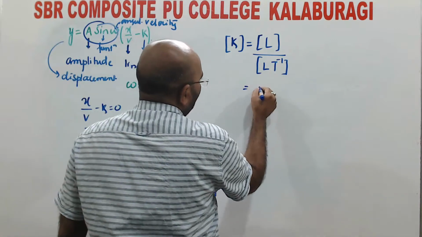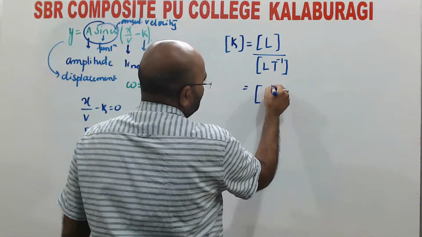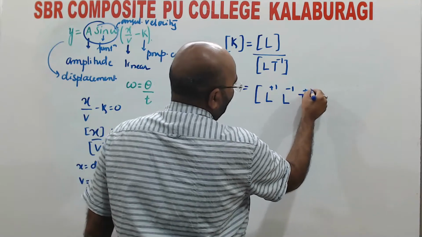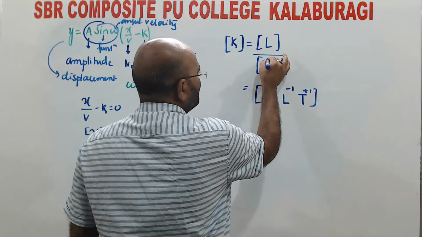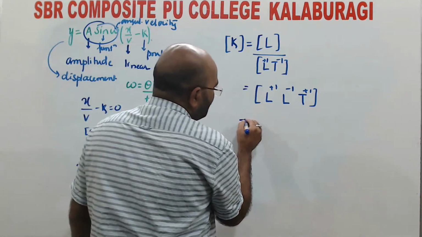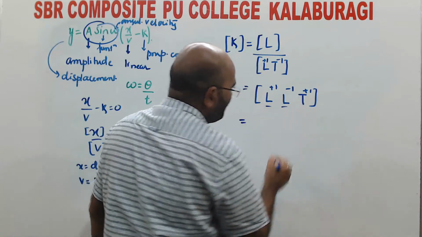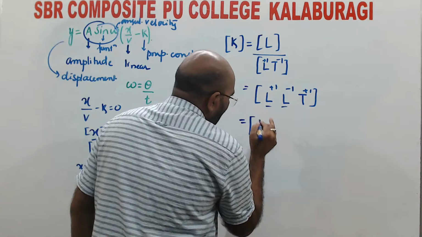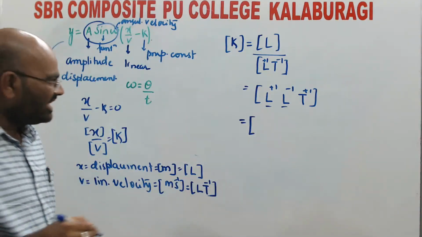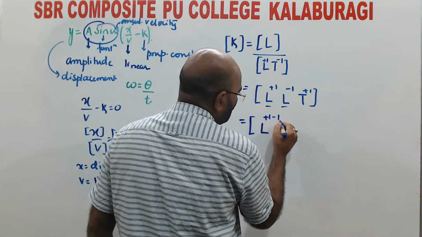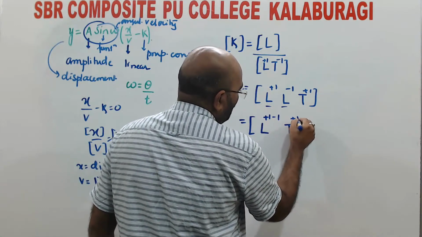Simplify this. This will be L plus 1, L minus 1, t plus 1. Why? Because the power changes sign: this is plus 1, it goes to the numerator and becomes minus 1. When bases are the same, powers must be added or subtracted, from the laws of indices. That is L to the power plus 1 minus 1, t power plus 1.